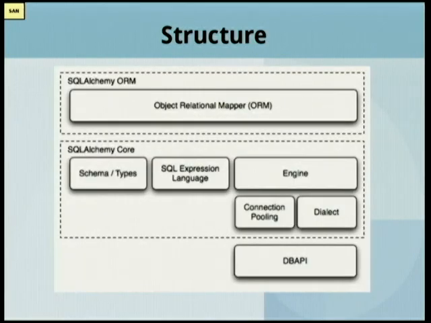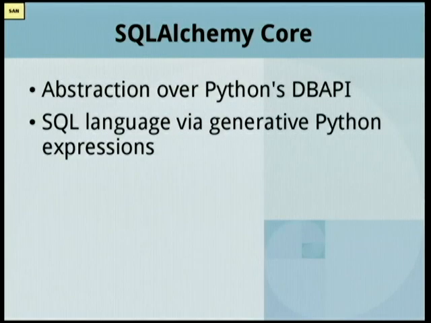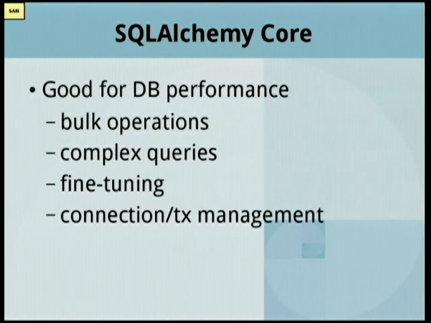SQLAlchemy is something like an onion. It has layers. At the bottom, we have the Python DB API, and SQLAlchemy builds on top of that. It has dialects for dealing with different databases, connection pooling, transaction management, and an SQL expression language and schemas and types, which is really where the heavy lifting happens in terms of translating data in Python into SQL that actually pushes and pulls information out of databases, which is what this slide says.